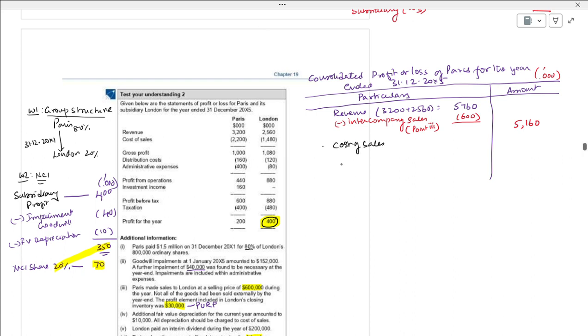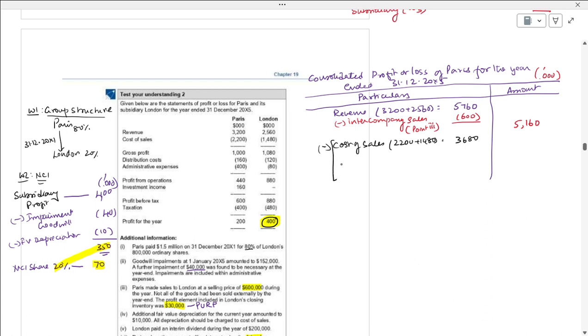Next, cost of sales. Here be a little bit careful. Do everything separately. 2,200 plus 1,480 comes to 3,680.